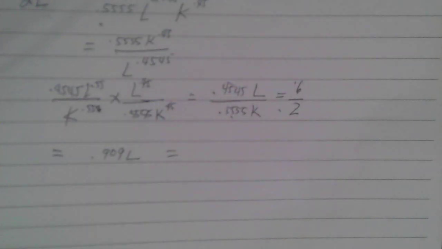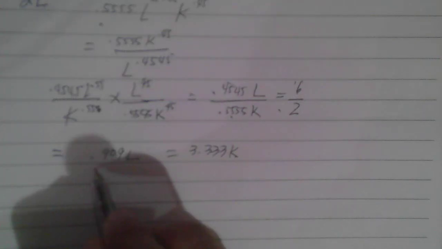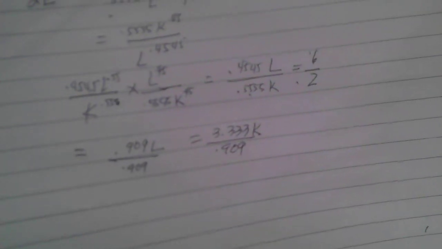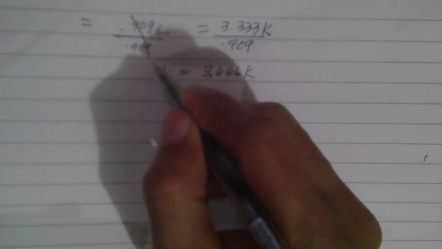K is equal to 3.33 K. You divide it by 0.909. So labor becomes 3.666 K, right?